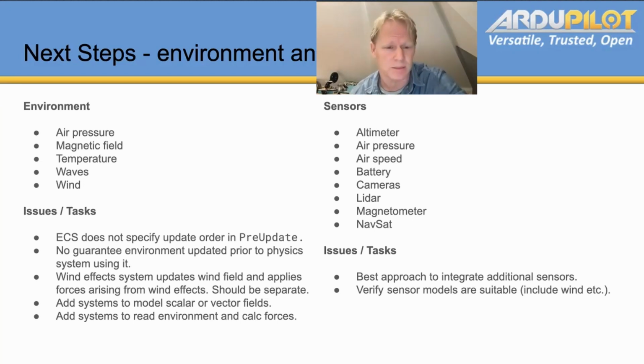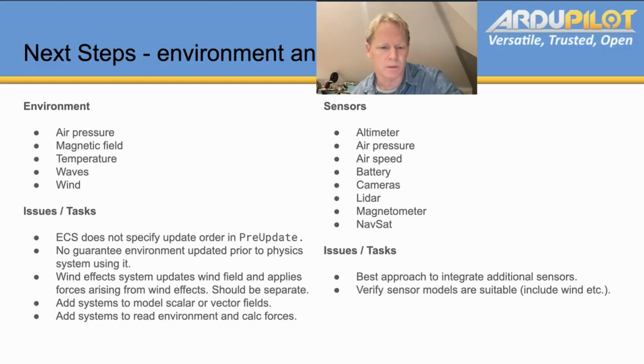The component system doesn't currently specify an order in which the updates occur. Everything that's a system that has a pre-update method gets lumped into one schedule. You can't really control at the moment whether you update things like the wind and the waves before you update all the things that need to measure them and then apply them in the physics step. So you're not really guaranteed that the environment will be updated prior to the physics system that's using it. So I think there's some scope for improvement there.